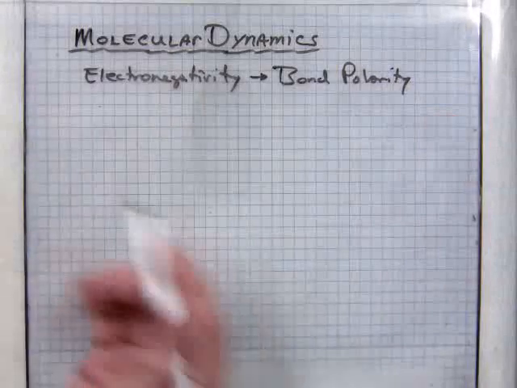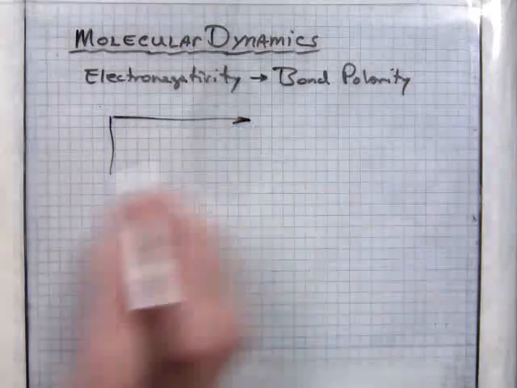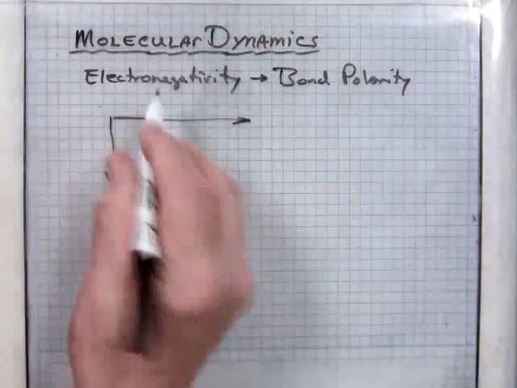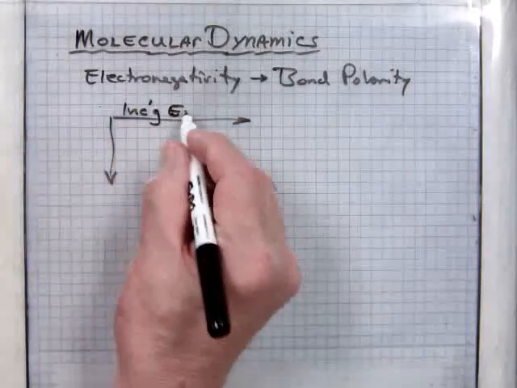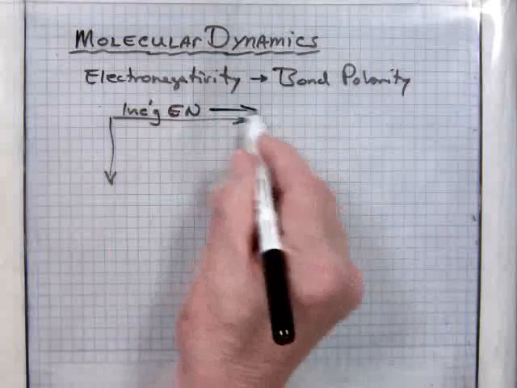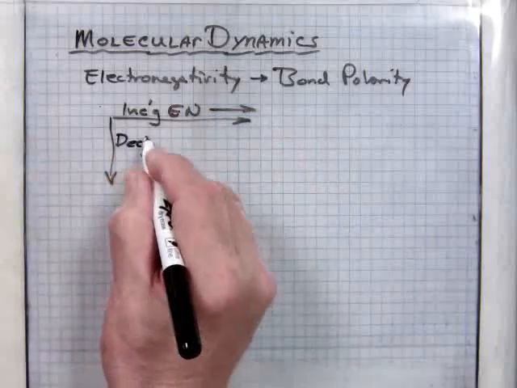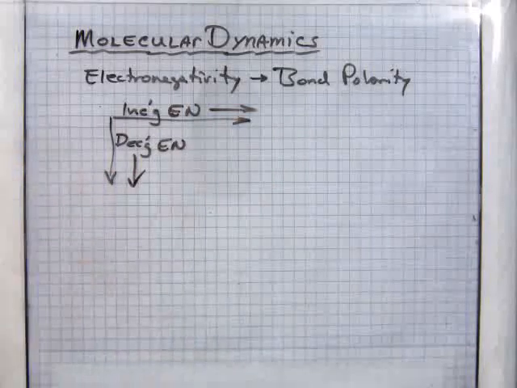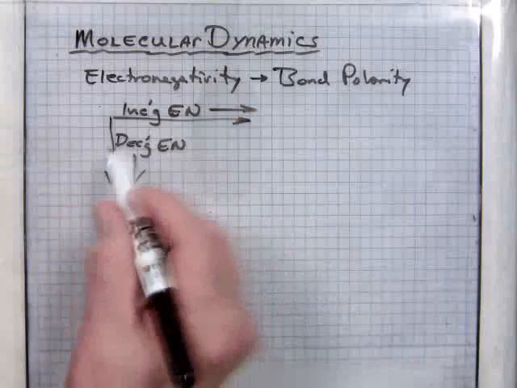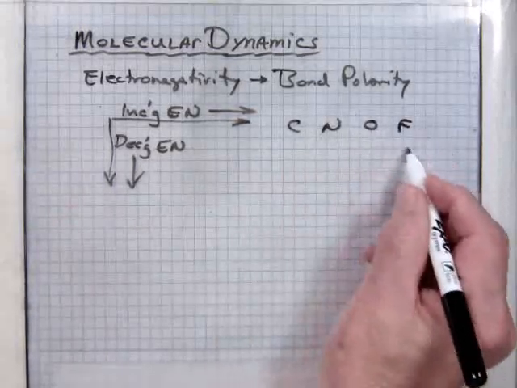Now, consider, for example, the trend in electronegativity going across and down the periodic table. We have increasing electronegativity across the periodic table and decreasing electronegativity going down the periodic table. The most important ones are carbon, nitrogen, oxygen, and your halogens.